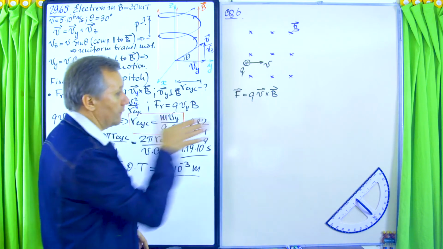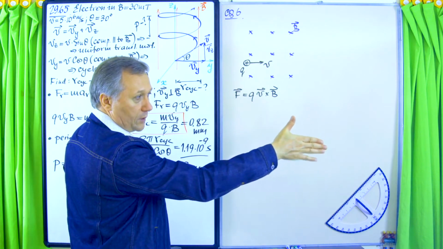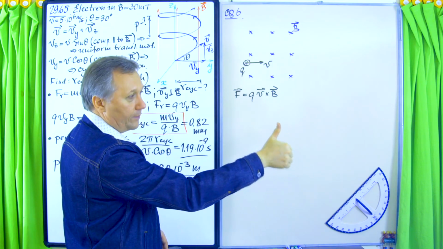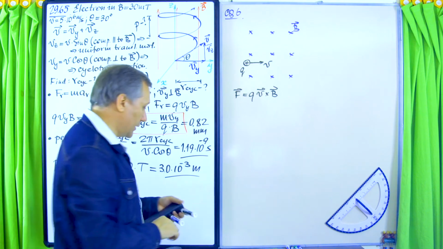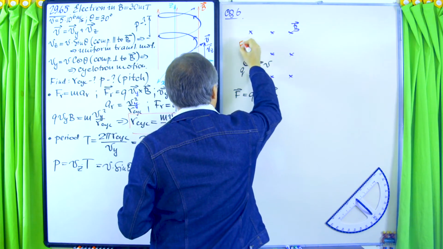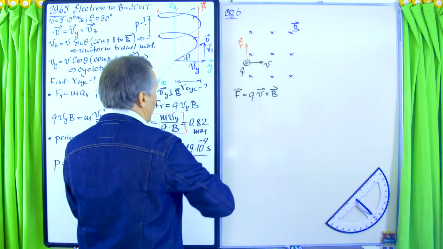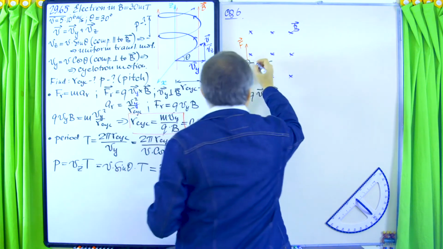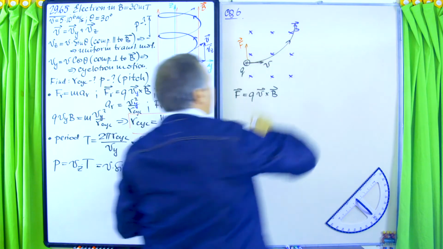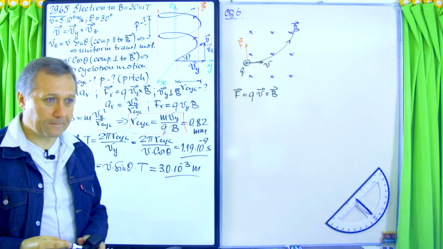So by the right-hand rule, this is the correct orientation to bend my fingers in the direction of B. As a result, the magnetic force is going to be this way, bending our trajectory in this direction. So this will be the trajectory approximately, right?